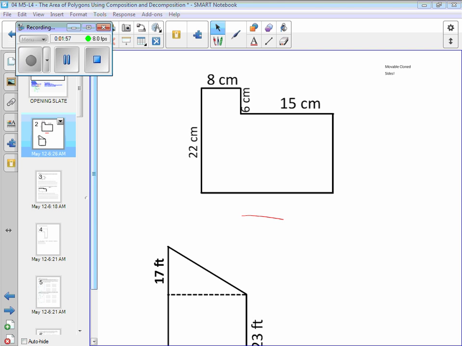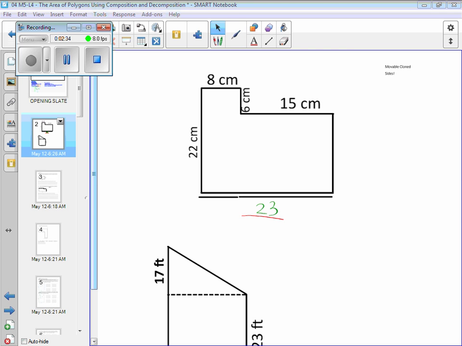Okay, does everybody see that this long piece is this piece plus this piece? Did a little visual for you there to try to make it connect for you. So if this here is 18, this piece is 15, and this piece here is 8, you add it together to make 23. So he's right. So this one's 23.